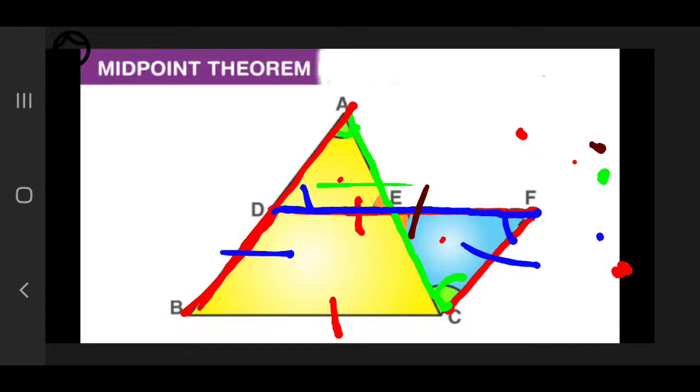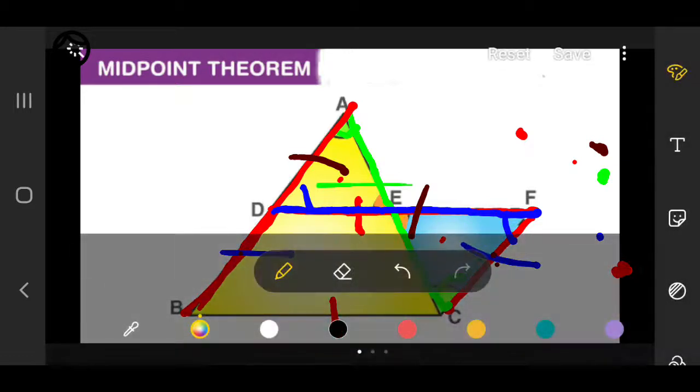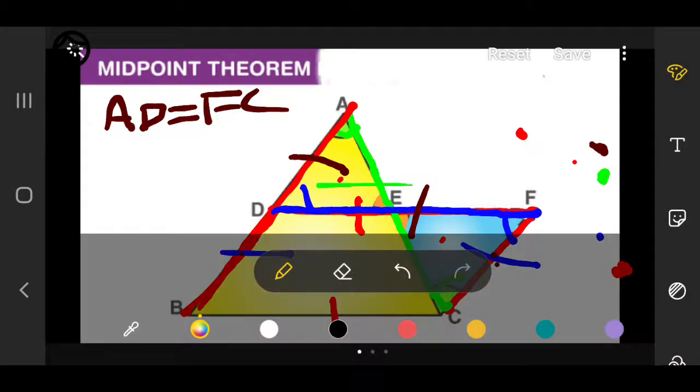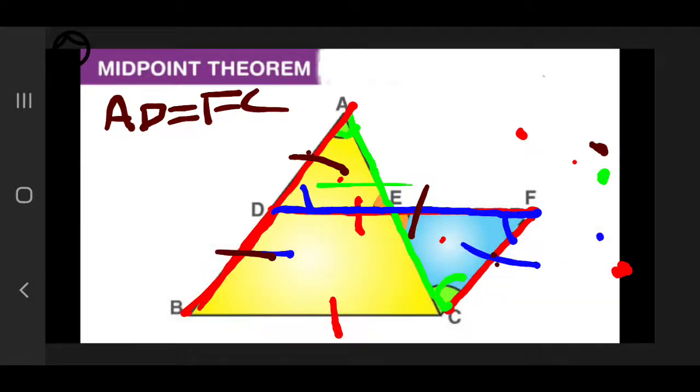So DB equals FC, and DB equals AD. You know that this DB and AD are equal. DB equals FC means AD equals FC. Why does AD equal FC? AD equals DB, and DB equals FC because DFCB is a parallelogram.